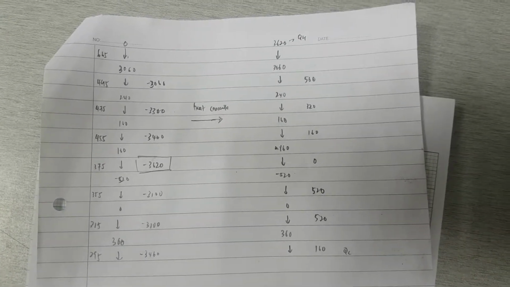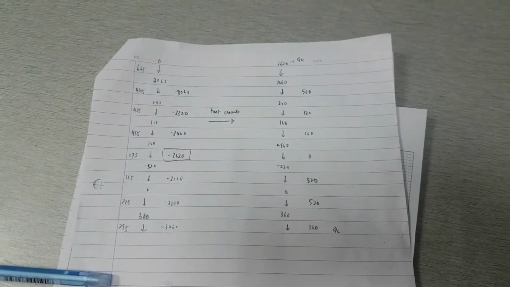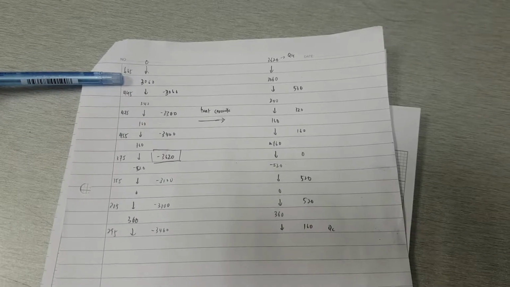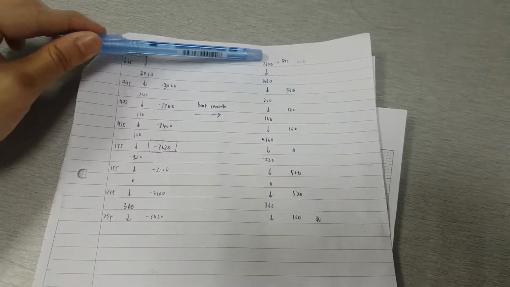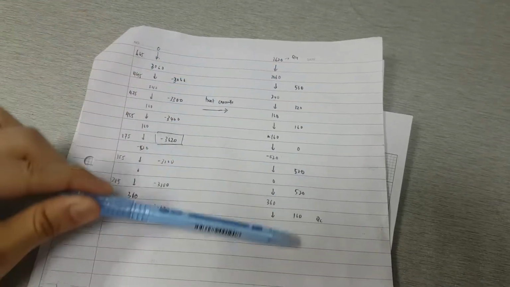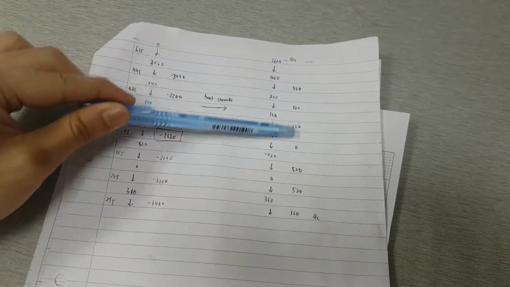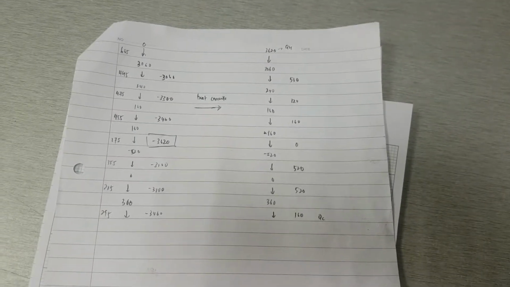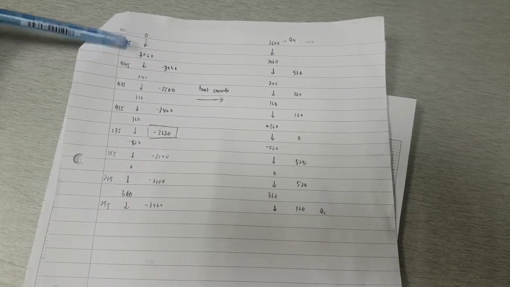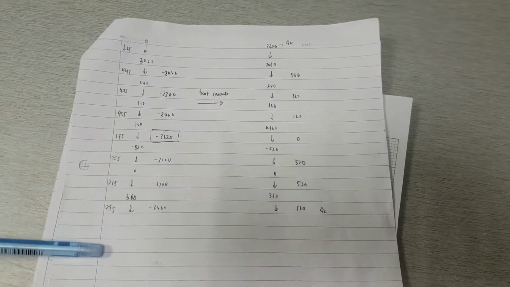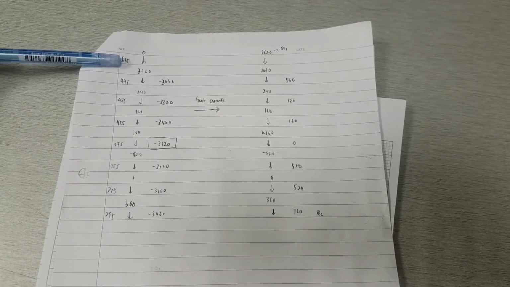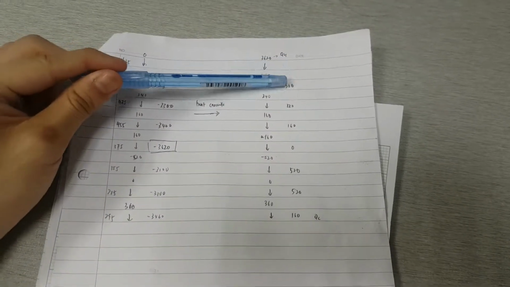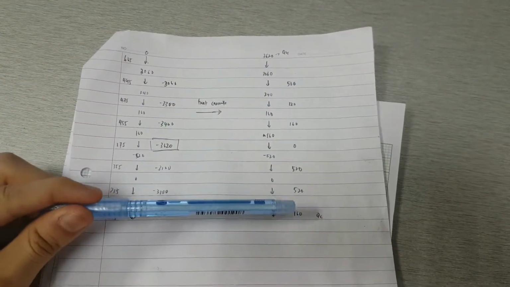We've used the data from this column, which is the temperature interval, and this column, from here to here, to draw the grand composite curve. This column is actually the temperature intervals after being adjusted with delta T minimum, and this column is the cumulative enthalpy.